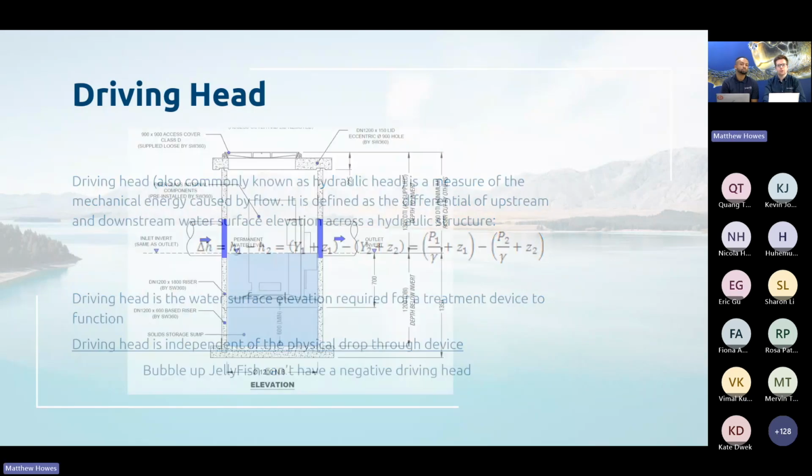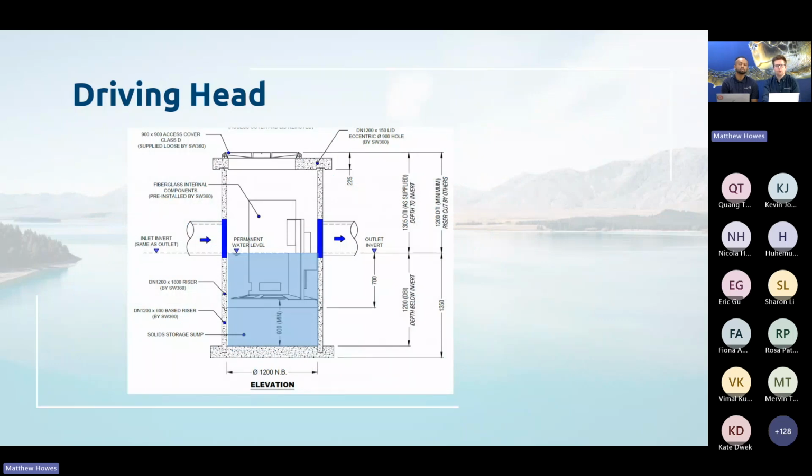So what does that look like for our devices? For the cascade separator, because the inlet and outlet are at the same level, and there is a depth below the outlet invert, there is a permanent water level within the cascade separator. Water flows in and then swirls around. There is a central swirl chamber, a treatment chamber, where you have two opposing vortices, and those vortices help capture floatables, oils and trash, but also help settle out sediment.